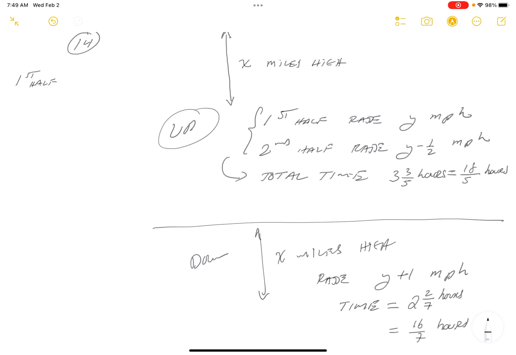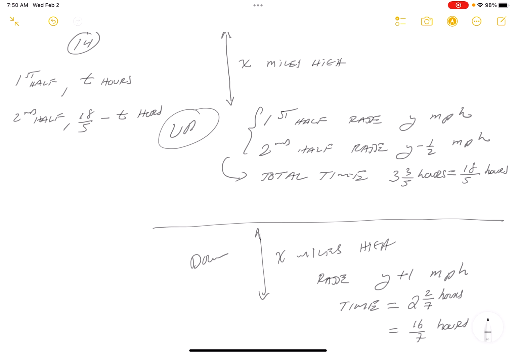I don't know how much time it took him to take the first half. And I'm just going to say it took T hours. And this is the upward part. And the second half, what would that be? Well, it's going to be 18/5 minus T. And this is hours.